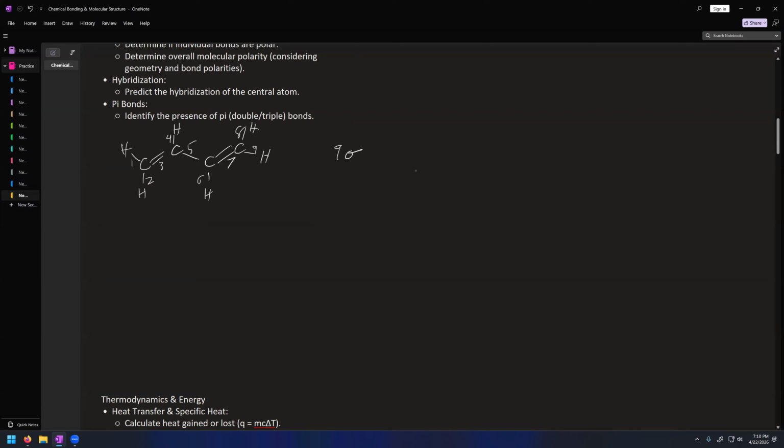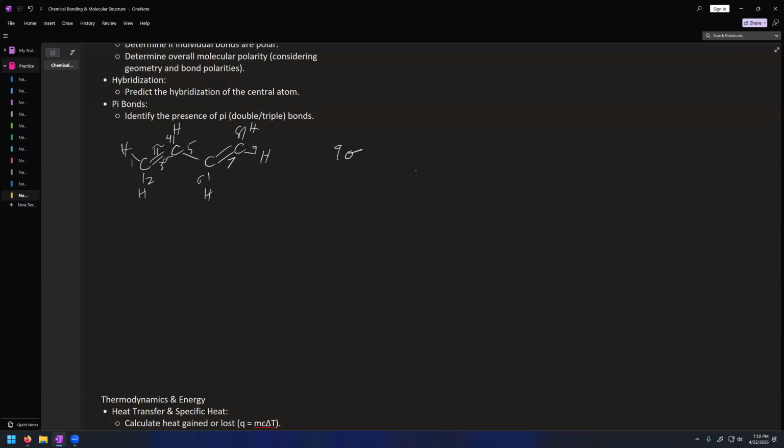All right. To count the number of pi bonds is even easier than that. You're just looking for anywhere that you have more than one bond in between two nuclei. So, for example, look at this carbon to carbon bond here. The first one of them we already labeled as a sigma bond. Every subsequent bond will be a pi bond. Now, on this particular molecule, we only see double bonds.